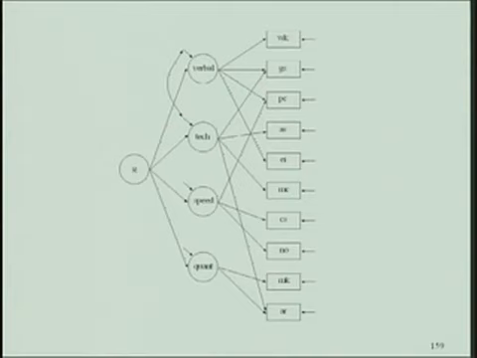But now we've added a general factor behind these 4 factors, saying that the correlations among the 4 factors are explained by a single cause, a single variable G that influences all of them.